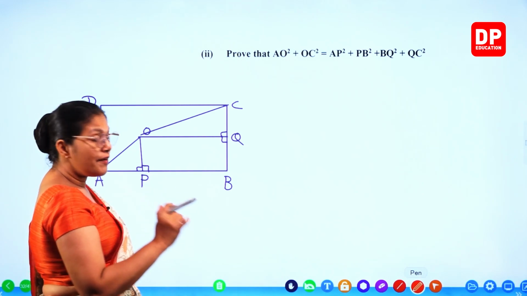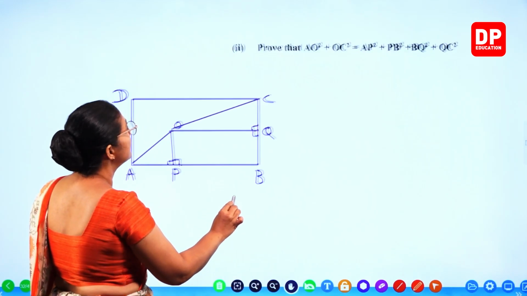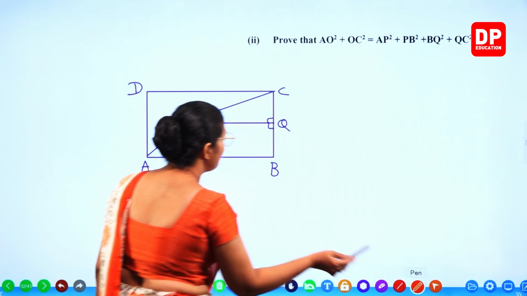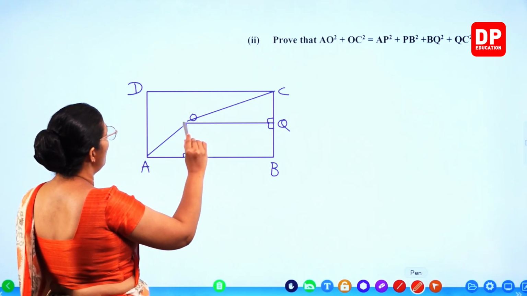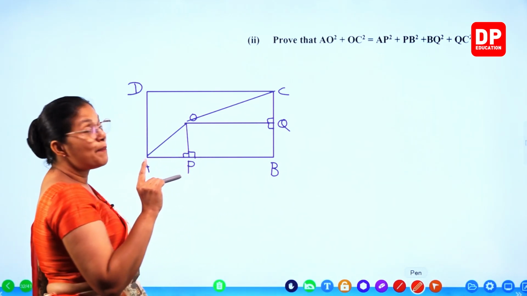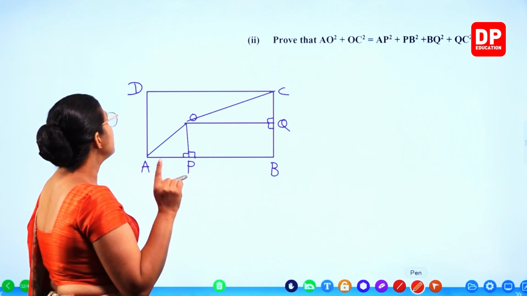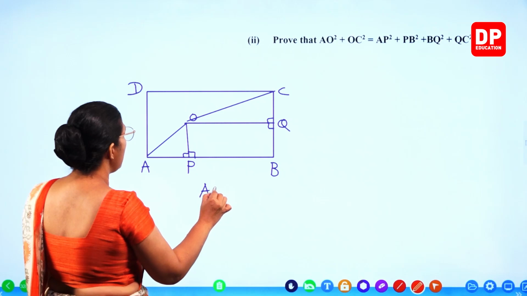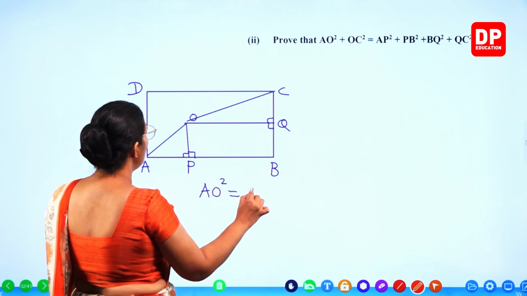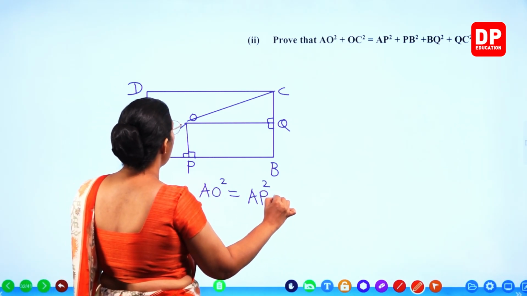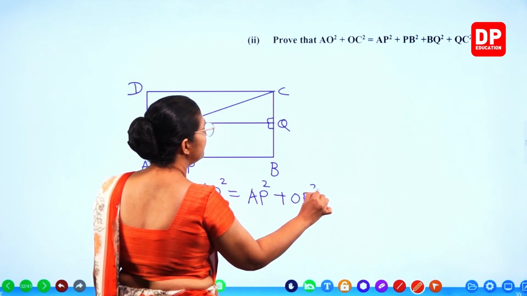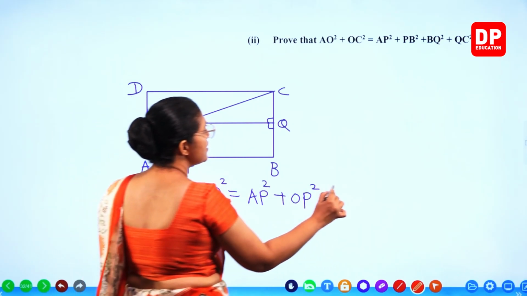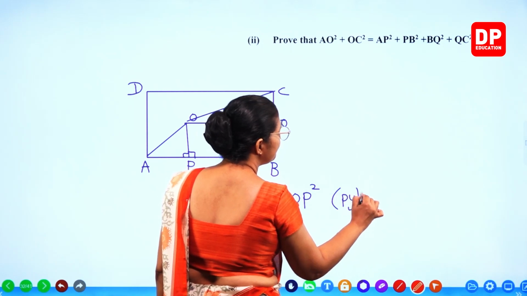You have to think about the right angle triangles. AO, what is that? When you consider APO triangle, AO is the hypotenuse. Using Pythagoras theorem, you can write AO squared is equal to AP squared plus OP squared. That's Pythagoras theorem.